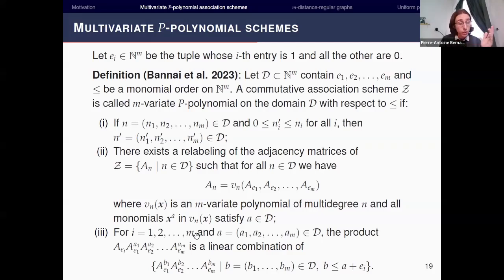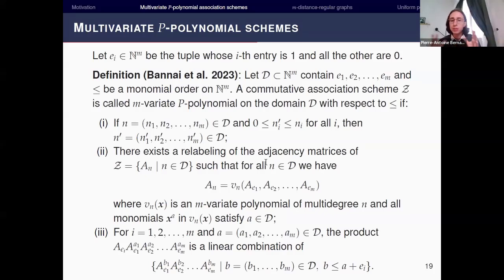And the last condition, which again is a bit surprising if you only have the univariate case in mind, is that if you act with A_{e_i} on the monomial labeled by a, it can be expressed as a linear combination of all the monomials labeled by the tuples b which are smaller than a plus e_i.